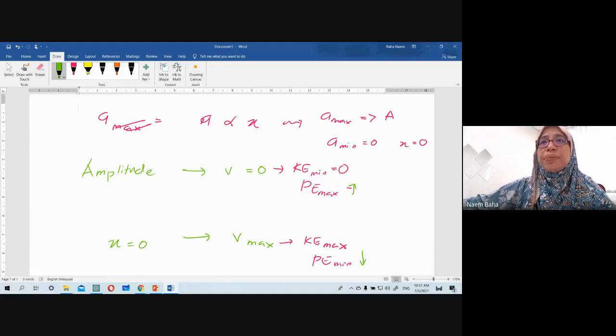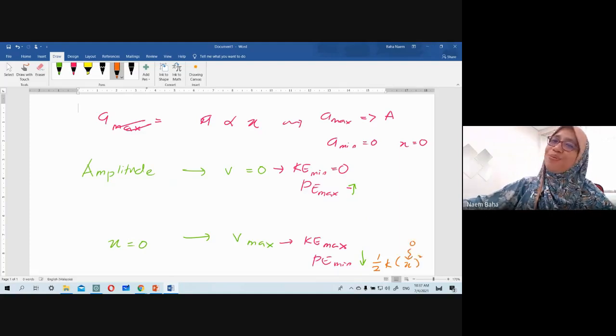So maximum. Now the potential energy is the expression that I have shown you much earlier, which is half K x squared, and this is 0. Now you can see the correlation, while here it is half K A squared.